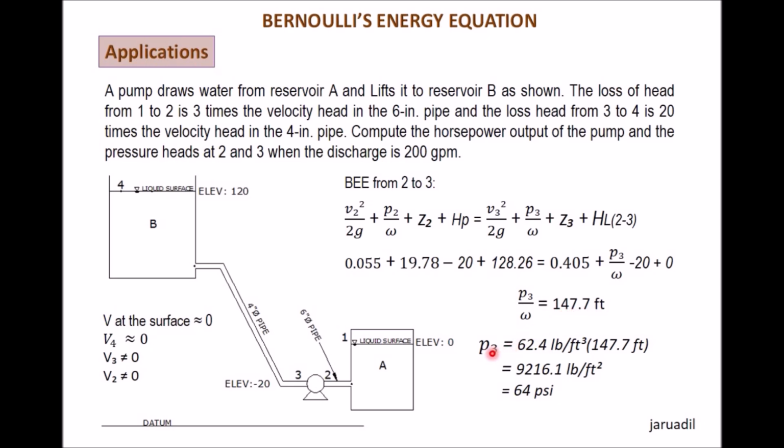And if you want to compute the pressure at this point 3, you just multiply this by omega, 62.4 times 147.7, then we have here 9216.1 pounds per square feet, or that is equal to 64 psi. So this one is our answer from the requirements of the problem.